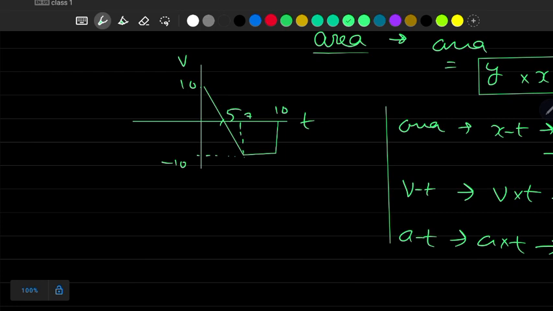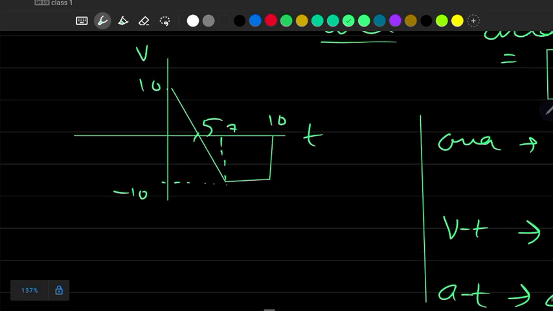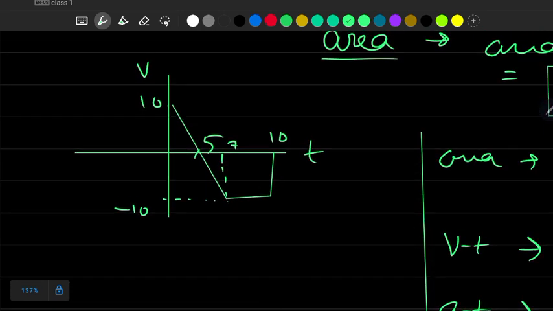If you want to find the area of this graph, what do you have to do? This area will be positive because it's above the x-axis, and it's a triangle, so you can find the area.